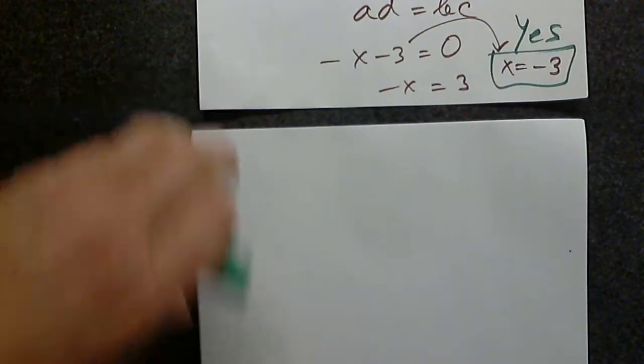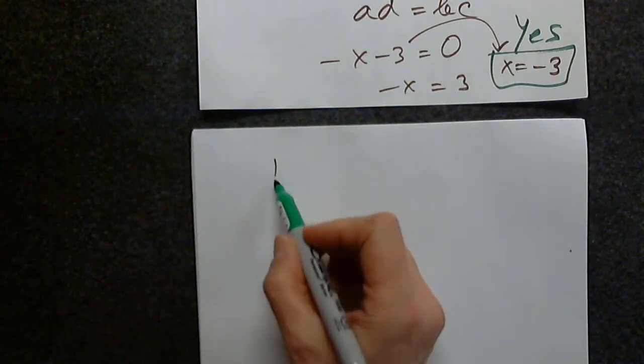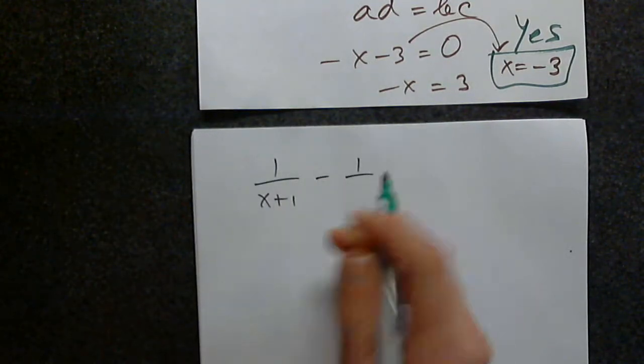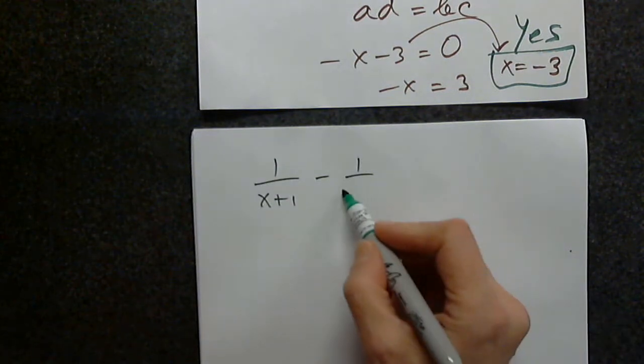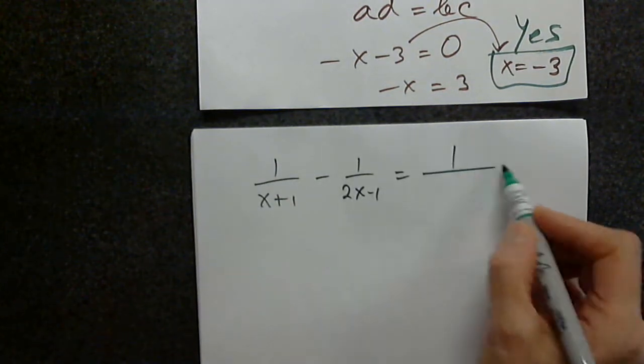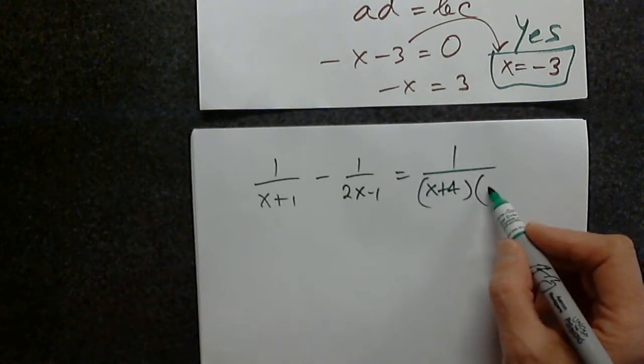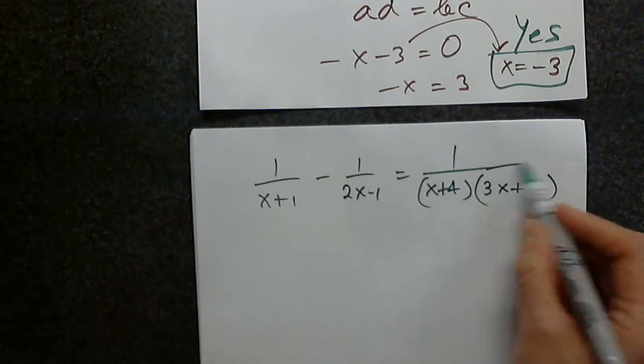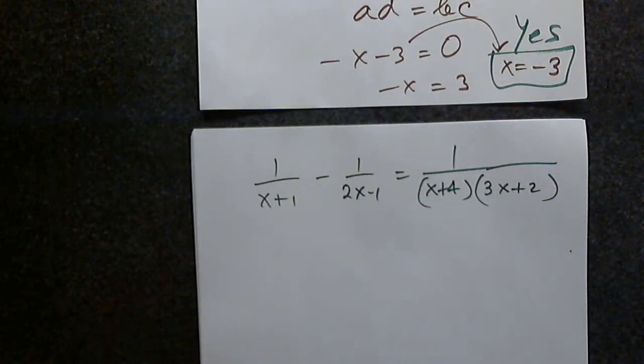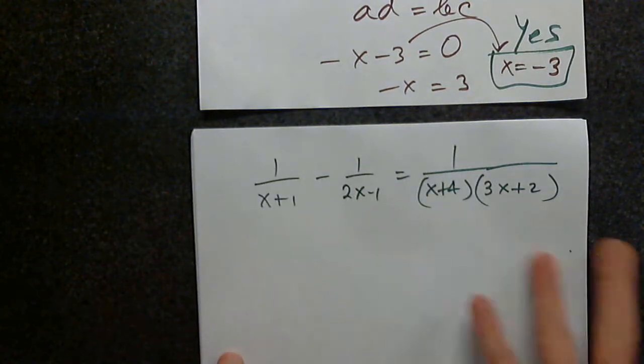Okay, let me explain one thing concerning multiplying both sides by the common denominator. If I have a situation like this, we're not going to solve this equation. Tony said, and he's right, why don't you just multiply both sides?